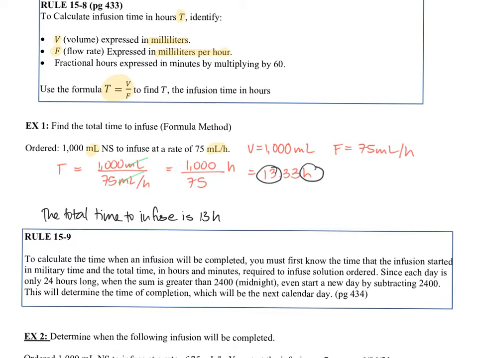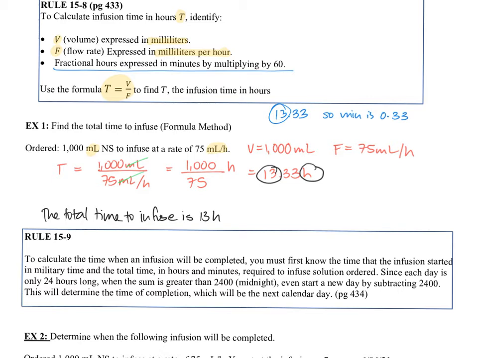But what's the minutes? Well, let's take this apart on the side real quick. 13.33. 13 is the hours, so the minutes is 0.33. So to find out what this is, we're going to use that step right there.